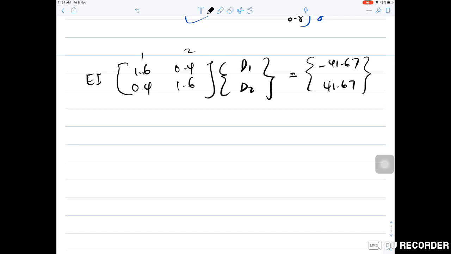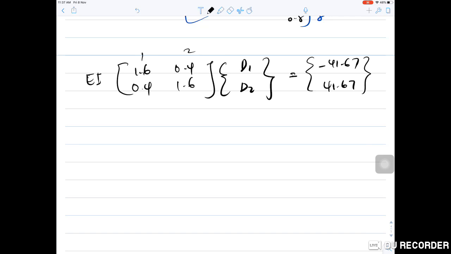With two unknowns, the diagonal is 1.6. We get the answer: 0.4, negative 41.67, 0.4, 1.6, 41.67.